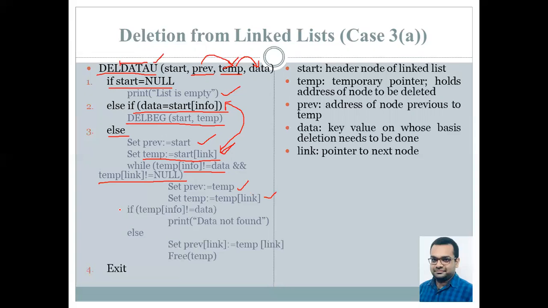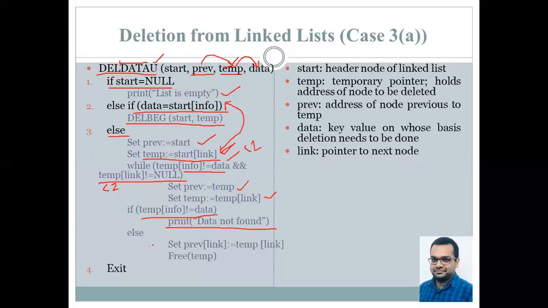When we reach a particular node, either of these two conditions is false: either we have found the data value that needs to be deleted, or the scenario is that we have reached the last node. By performing this check, if temp info is not equal to the data, which means the data value that needs to be deleted is not even found in the last node, we print that the data value is not found.